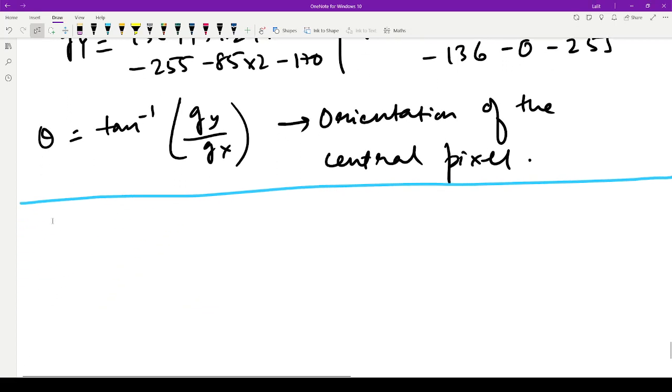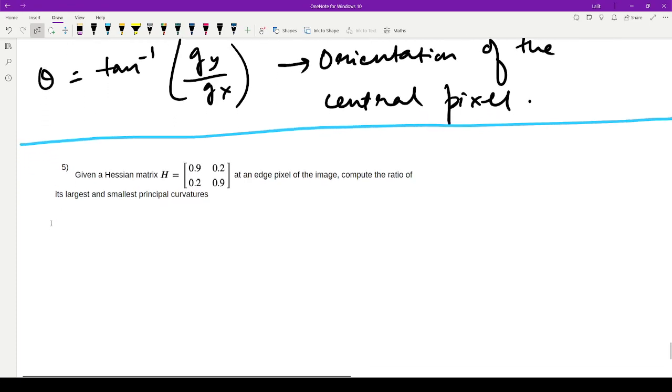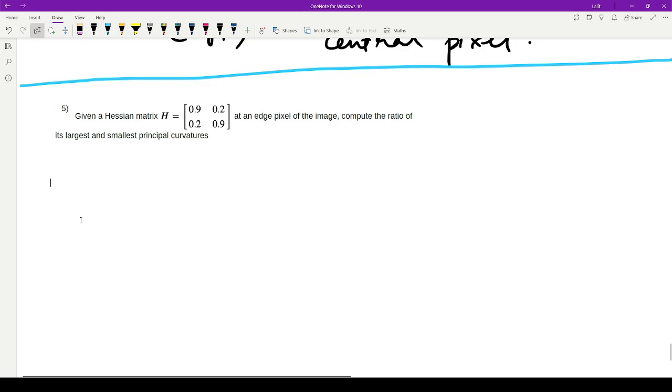Which is a pretty simple question. You are given a Hessian matrix at an edge pixel of an image. Compute the ratio of its largest and smallest principal curvatures. What are the largest and smallest principal curvatures?